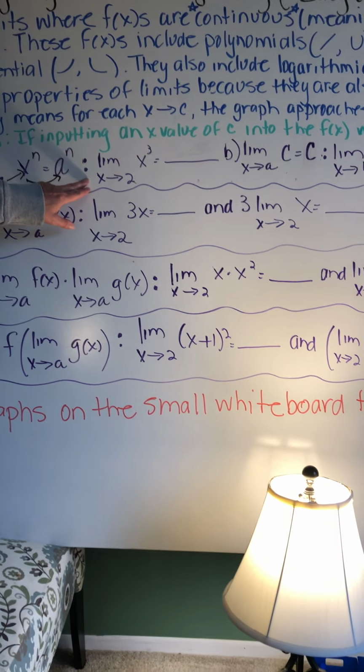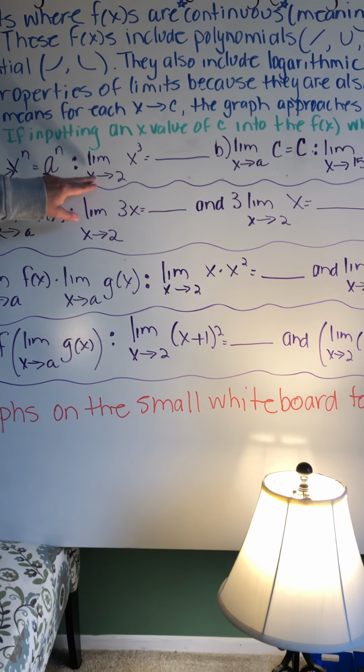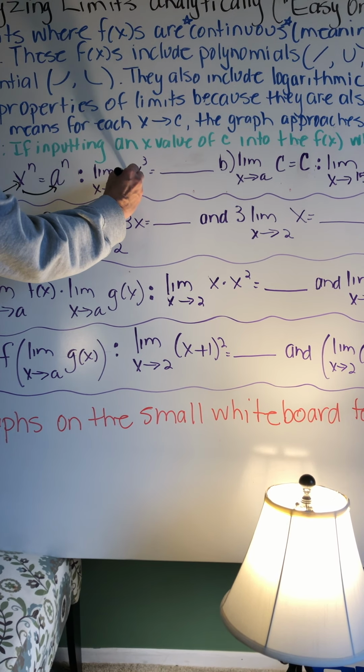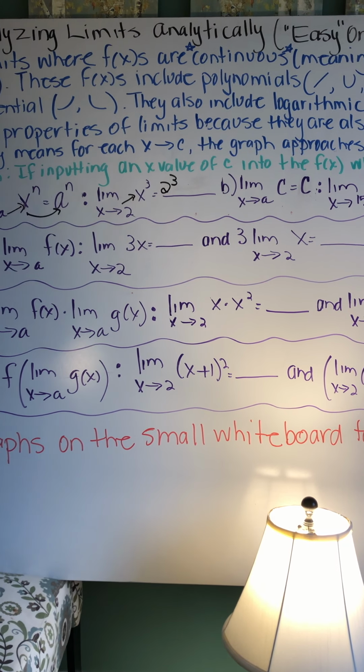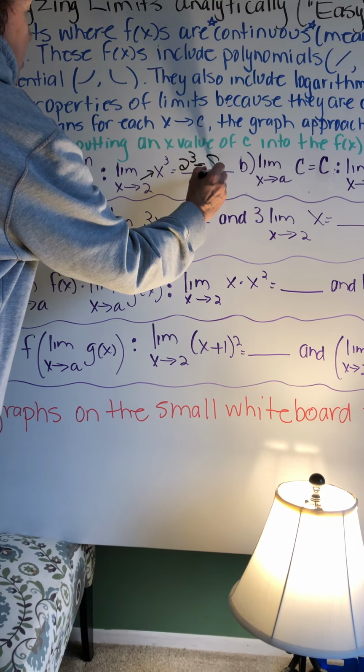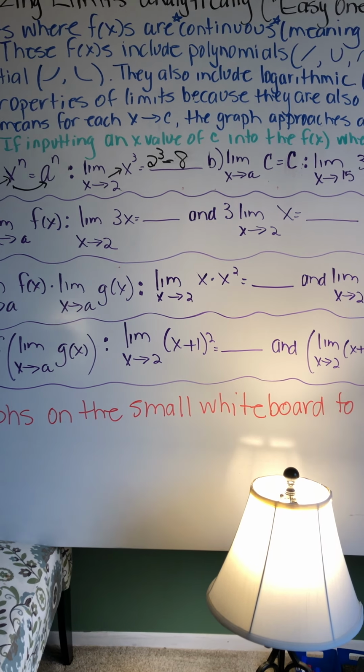So here's an example. The limit as x approaches 2 of x cubed. Let's put the 2 in to the function. Can I solve this? Yes, I can. It's 8. That means that the limit is solved.